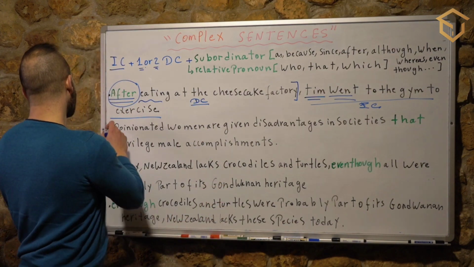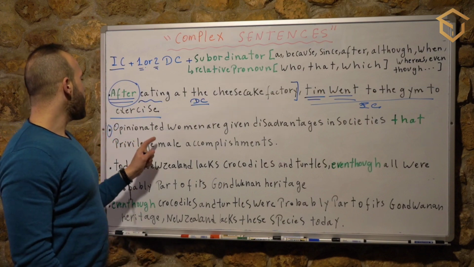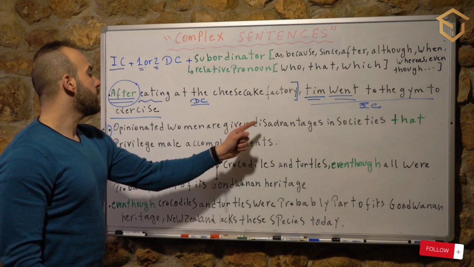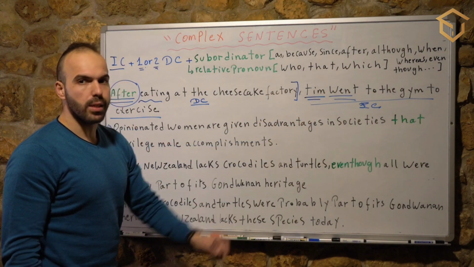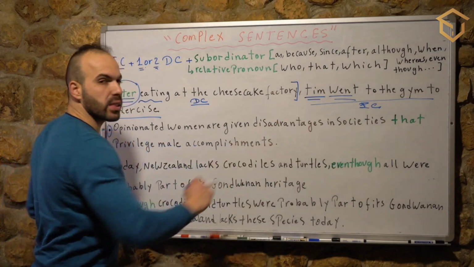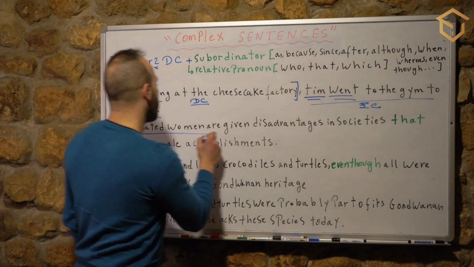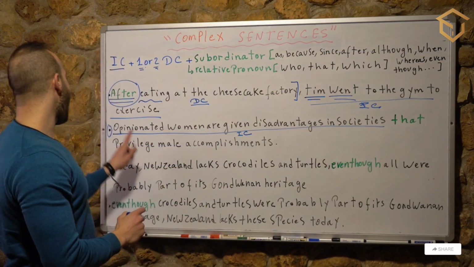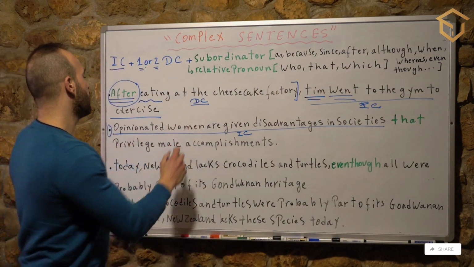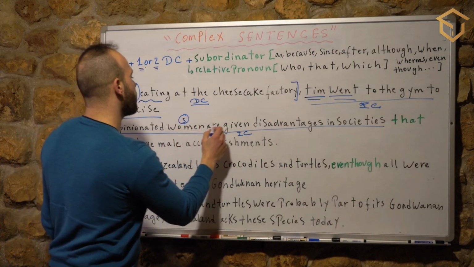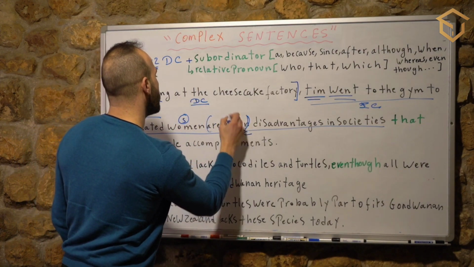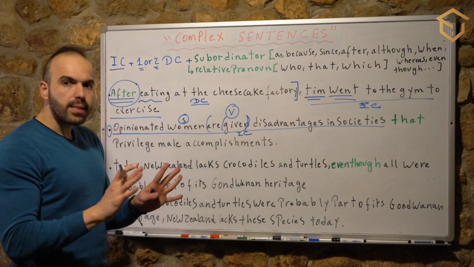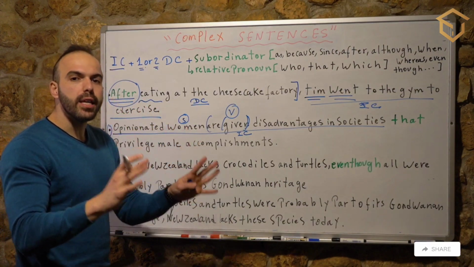Moving to the second sentence, "Opinionated women are given disadvantages in societies that privilege male accomplishment." If we read the first part very well, it's definitely an independent clause. We have the women, the subject, and "are given" is the verb. It expresses one single thought.